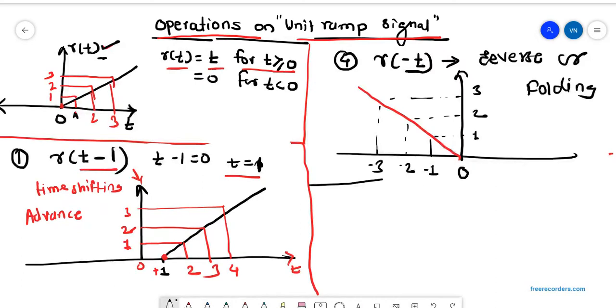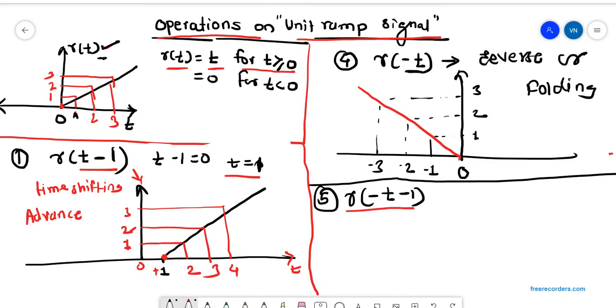Next, if I want to draw, for example, r of minus t minus 1 signal, r of minus t minus 1. If you observe here, there are two conditions: one is time shifting as well as reversal.